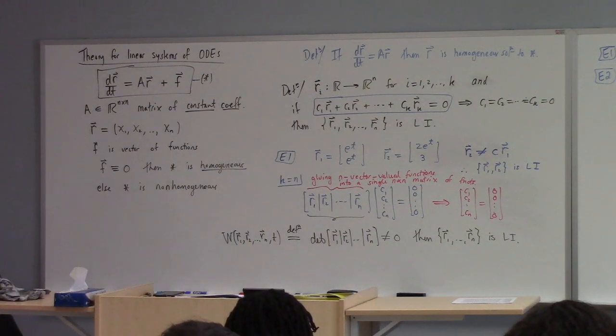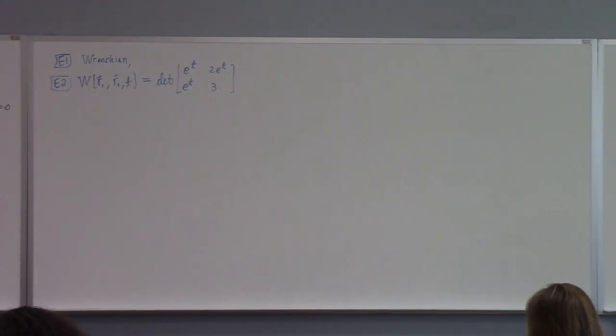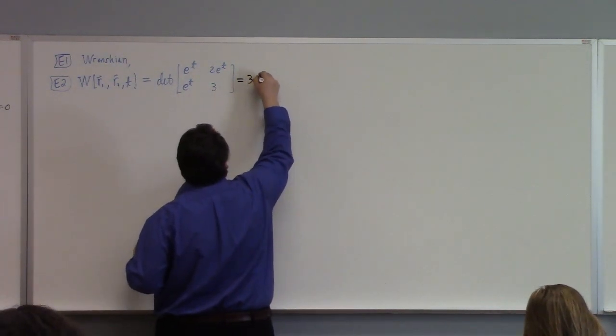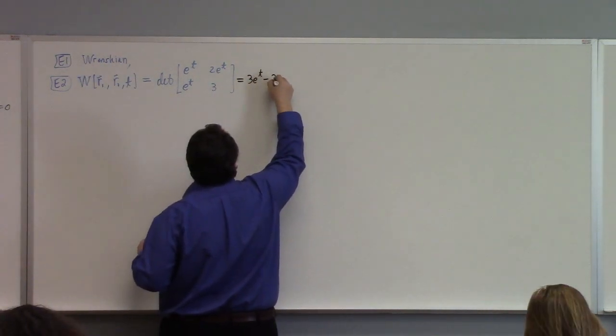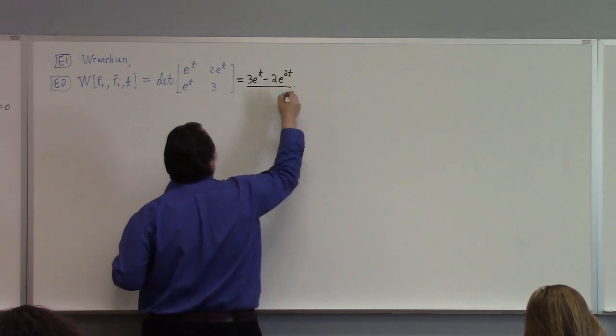So you guys know how to calculate determinants, right? So what is it? I heard it. We got 3e to the t minus 2e to the 2t, say, right?